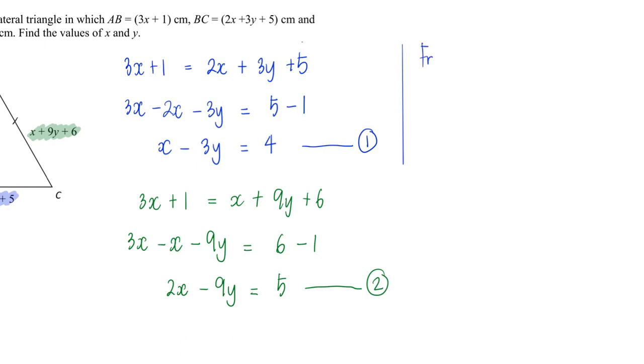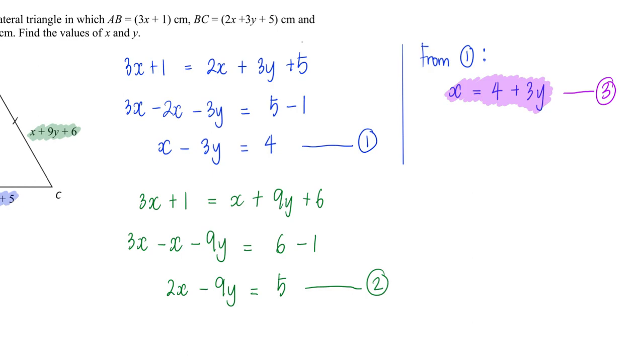From 1, you can see that x will be equal to 4 plus 3y. And this will be my equation 3. So x and 4 plus 3y are the same.